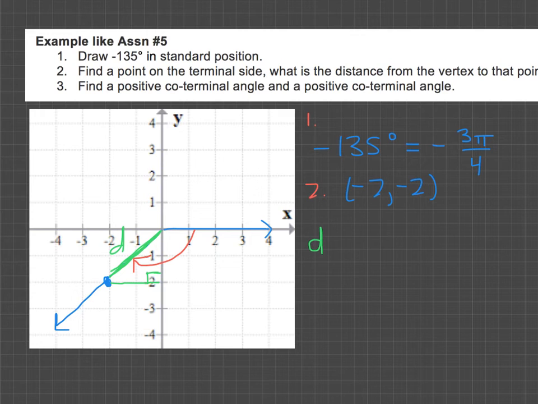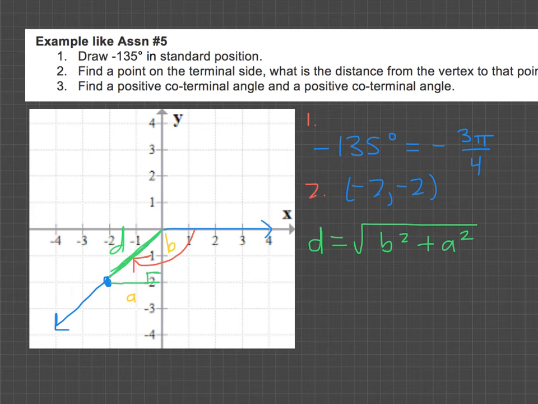So here we want to use the Pythagorean theorem. So let's say this side is A, this side is B. All right, so Pythagorean theorem and the distance formula, the distance is the distance B squared plus the distance A squared. Those are the lengths of the two sides of that right triangle.